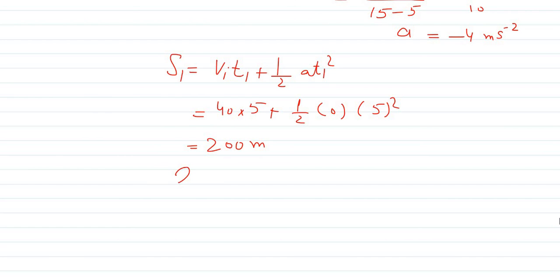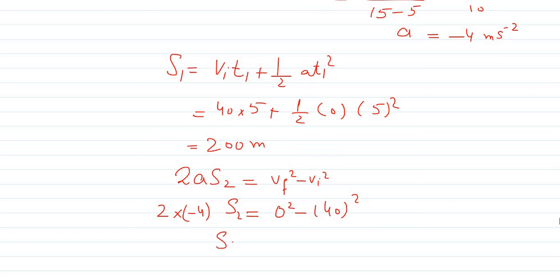That we can find from the third equation of motion, 2as2 is equal to vf square minus vi square. The final velocity is 0, so we put 0 square minus 40 square. Initial velocity will be 40. 2 multiplied by the value of acceleration that we found, that is deceleration, minus 4, and s2 we have to find.